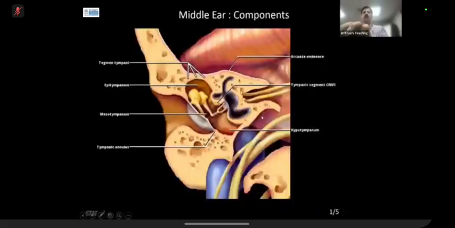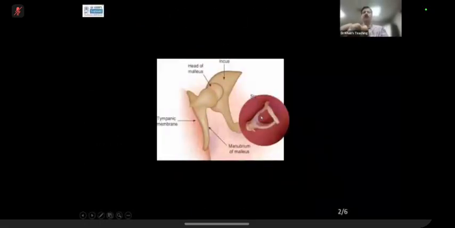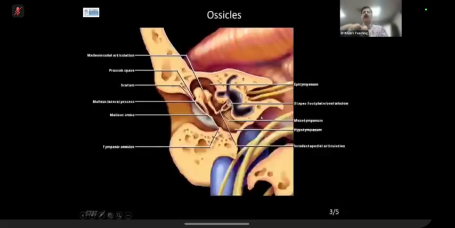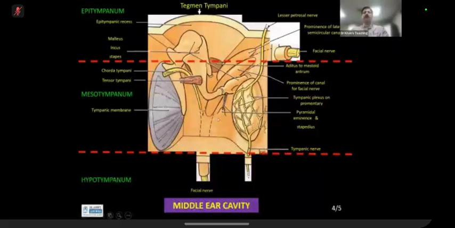Posteriorly, we are going to learn, because posterior will be the mastoid. And anteriorly, remember that the, correction, the carotid canal will be there. Now, concentrate on the medial wall. The medial wall is critical. Now, our friend is the facial nerve.